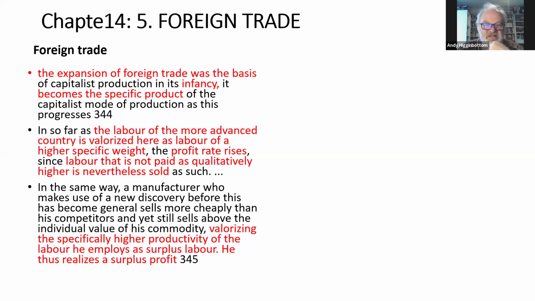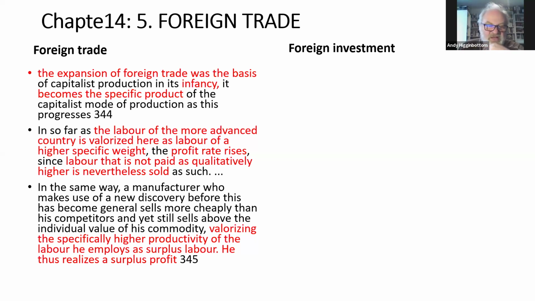He's saying although the labour is not actually more productive, it's sold as though it is. So its product is sold as though it's more productive, as labour of a higher specific weight. He's saying it's basically as though they're more skilled workers. They're not necessarily more skilled workers. It's just that the capital involved in exploiting the workers is greater. So he's beginning to open up that point.